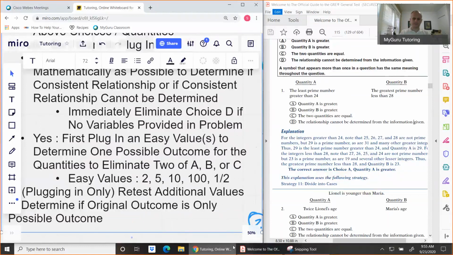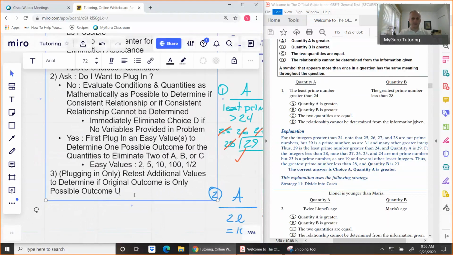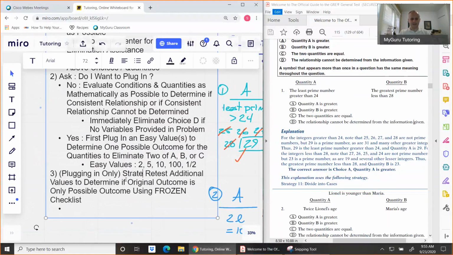So, and there's going to be a using the frozen checklist. So we'll talk about what the frozen checklist is in a moment, but ultimately, and I should put the word strategically here, because you don't want to necessarily just go in the like not alphabetical, but the acronymical, whatever. You want to think about it more strategically than that.